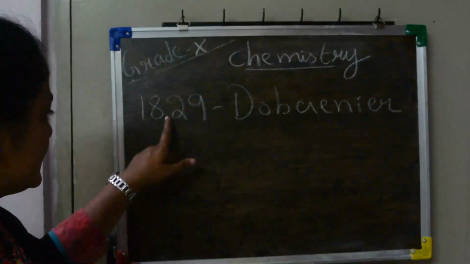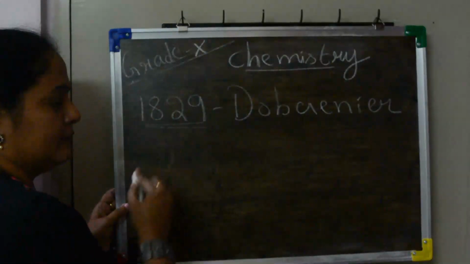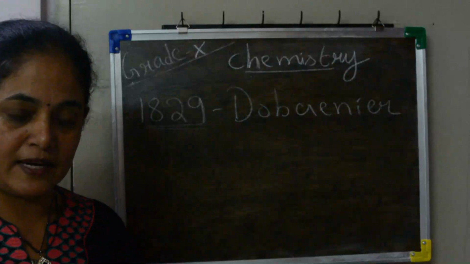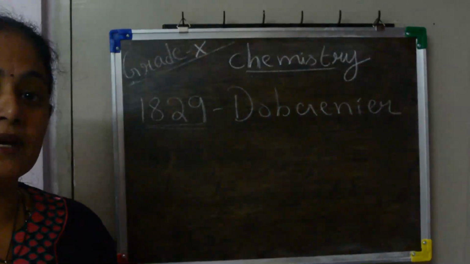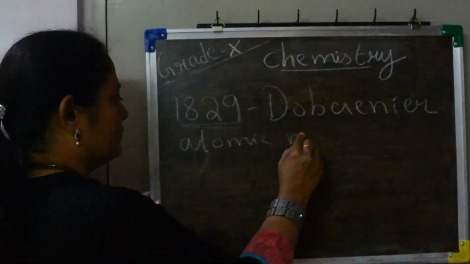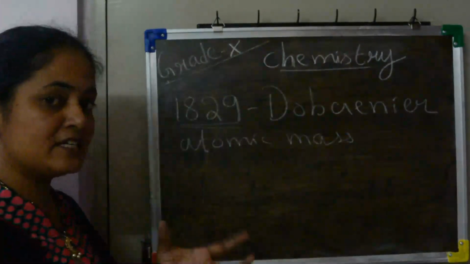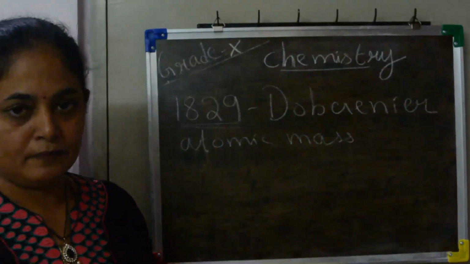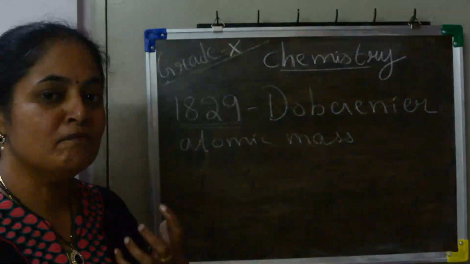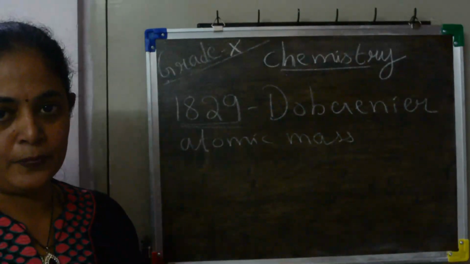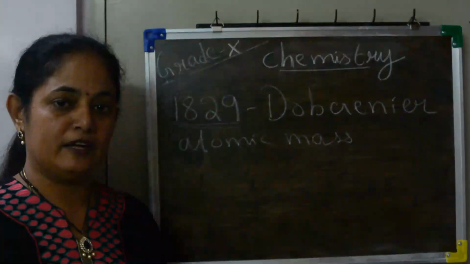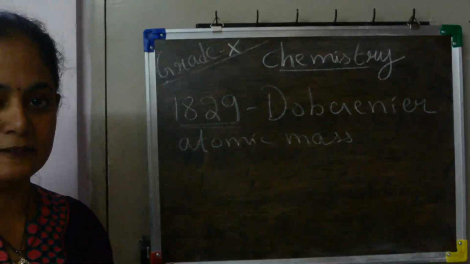At this time, in 1829, everyone knew that matter is made up of atoms, and atoms have a property named atomic mass. Every atom has a certain mass. They did not know about atomic number. Only mass was the criteria they used. At that time, only 30 elements were discovered.